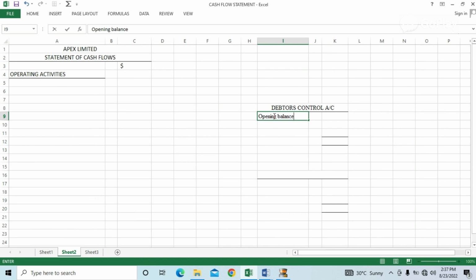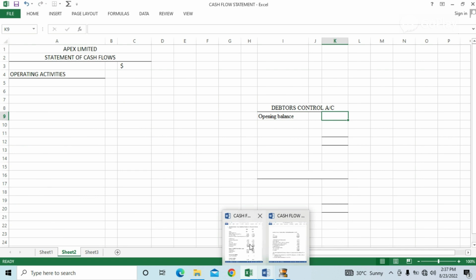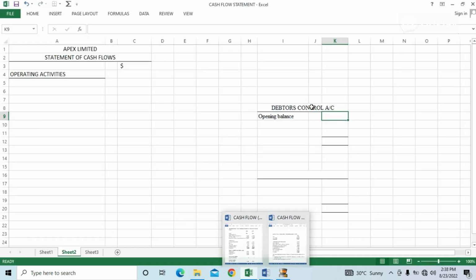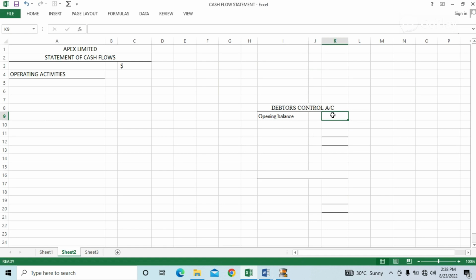So as we have seen in the figure for 2019, the opening balance for the debtors was 40,000, I suppose. Okay, 45,000. The amount was 45,000. Then during that year, we made sales to our debtors.